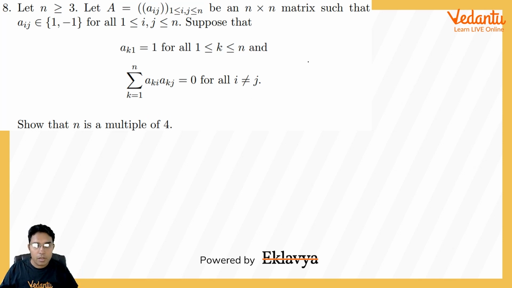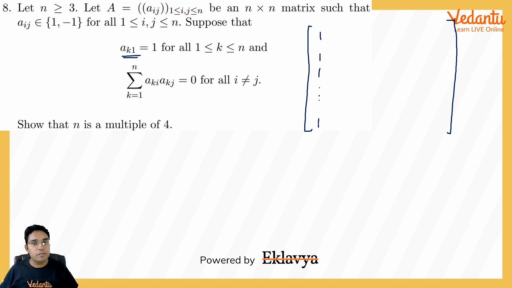So dear all, first of all, please understand this is a matrix of order n into n. And we are given that ak1 is equal to 1 for all k between 1 to n. That means all the entries of the first column are 1, 1, 1, 1 and so on.